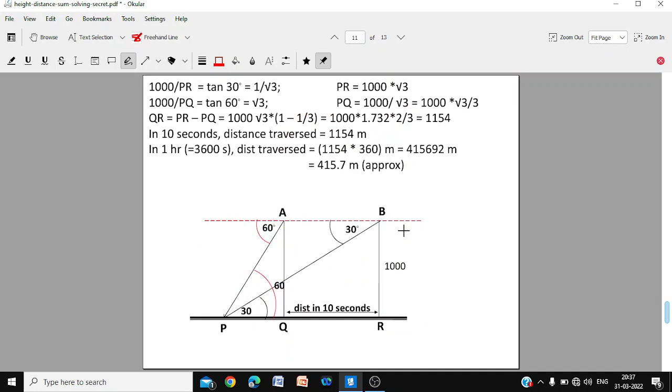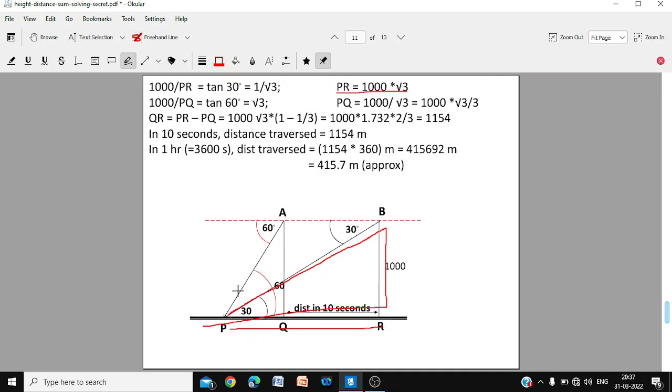Now let us see. 1000, that is 1 kilometer, we are taking as 1000 in meters. 1000 by PR, we are taking the full triangle, so PR. So 1000 height by PR, we are getting tan 30, that's 1 by root 3. So PR value we are getting.